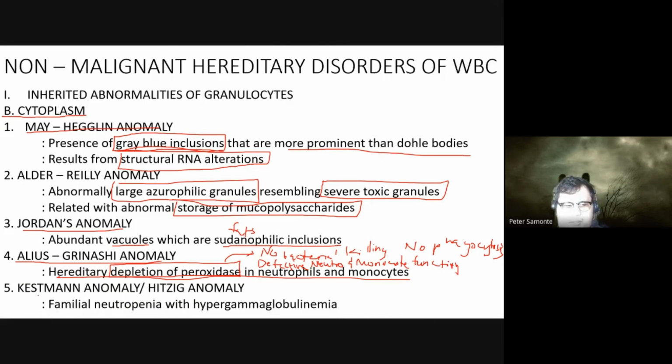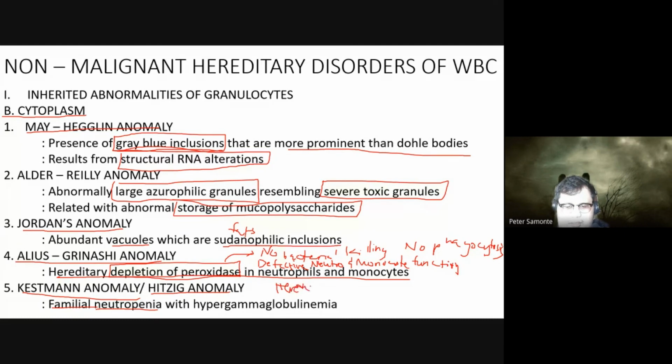Another one would be your Kostmann anomaly or Hitzig anomaly. This is familial neutropenia with hypergammaglobulinemia. Now, familial neutropenia, when you say familial class, this is hereditary.